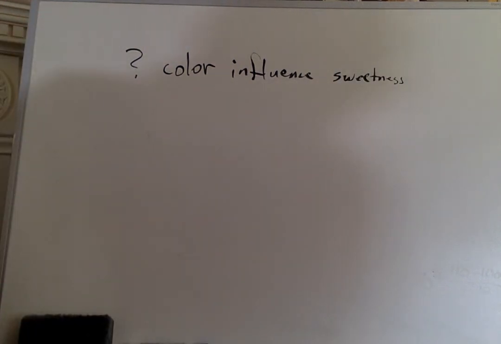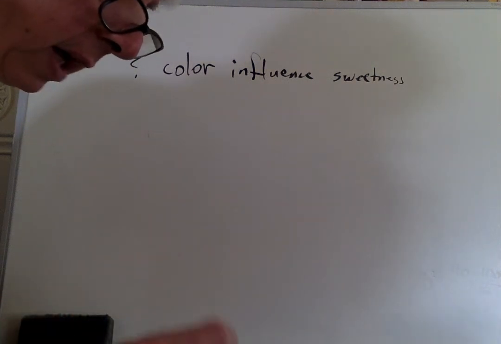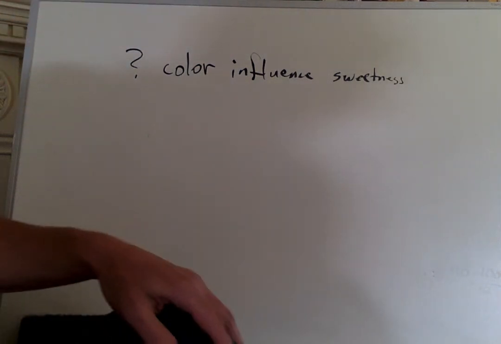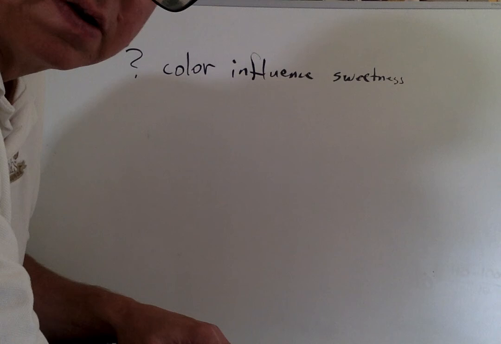Now, I thought that was a good question, and I said, okay, well, let's do this in the lab, all right? For the subjects coming into the lab, we put red food coloring in the sucrose solution. Food coloring has no taste, okay?